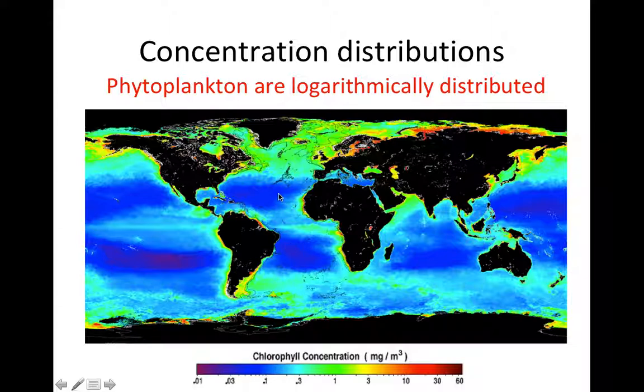So if you start in the open ocean, you have very low values, and then as you approach the upwelling regions, you've got a very sudden and exponential increase in concentrations. So that's what I mean by logarithmically distributed. So whenever you analyze these data or you plot them, you always will use a logarithmic scale. Otherwise you'd have to have a very, very large graph and it would be very hard to interpret.